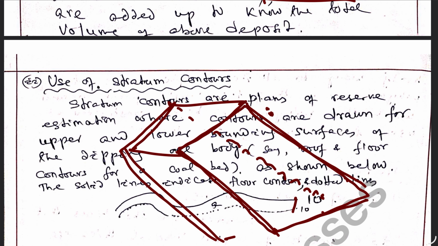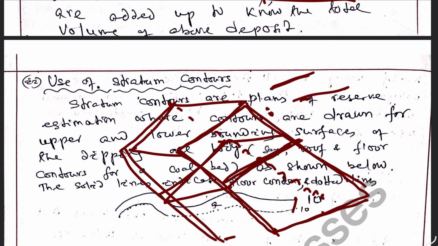So if I take a section, this line will come up here and this line will come up here. So this is a horizontal section through the whole body. This is the upper surface, this is the lower surface.